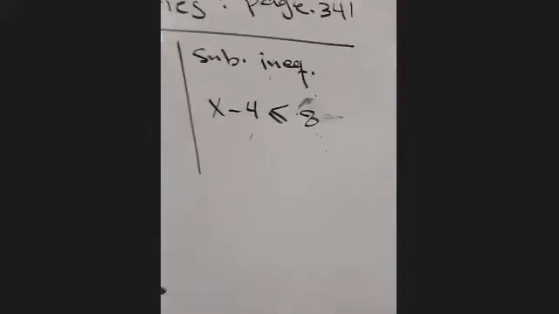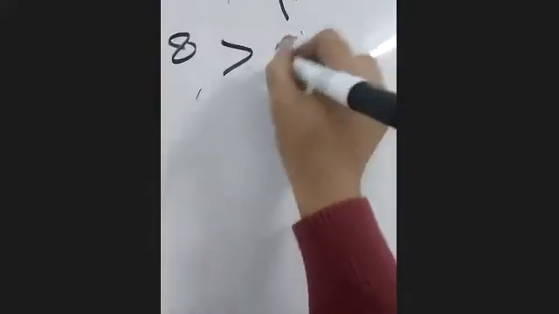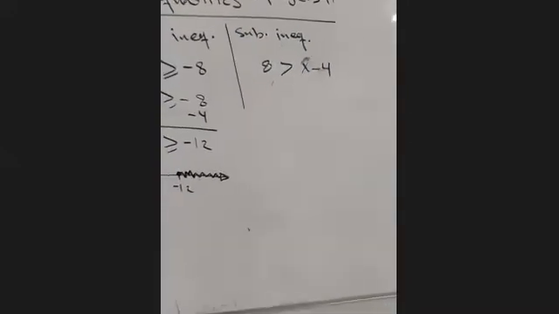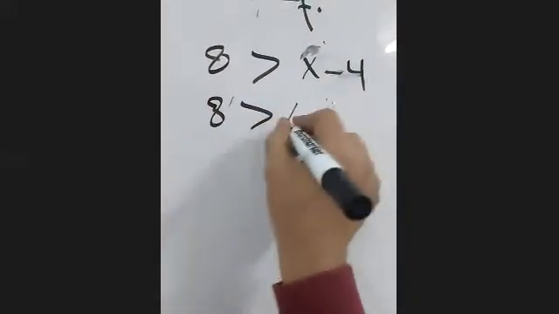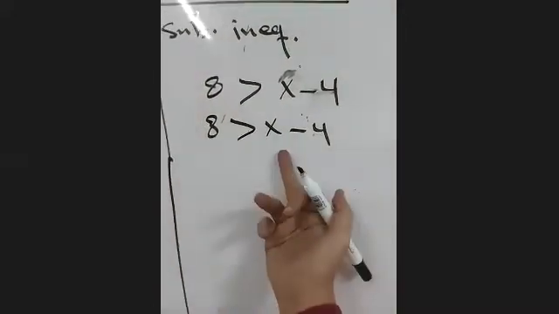Now here, for example, I will make changes. I'll put 8 here, I'll put here less than, and I'll put here x minus 4. Now let's solve this inequality. I will rewrite the inequality: 8 more than x minus 4, okay? Now, where is the variable here? To the right.